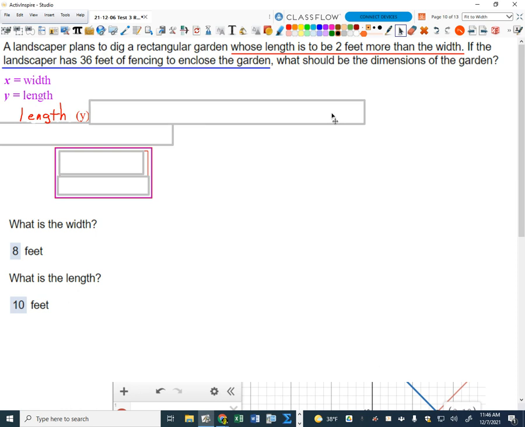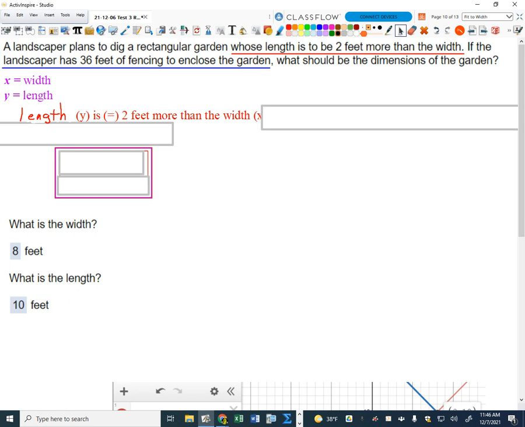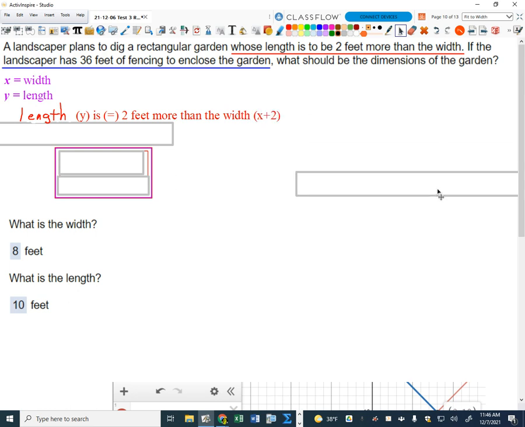Y. So y is, what's that mean? Equals 2 feet more than width. How am I going to say that? X plus 2, right? There you go. We got it. So there's first equation. Second equation. Now what about this one? The landscaper has 36 feet of fencing. Big deal. What's that mean?